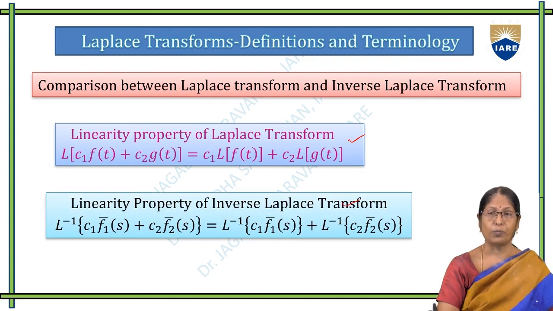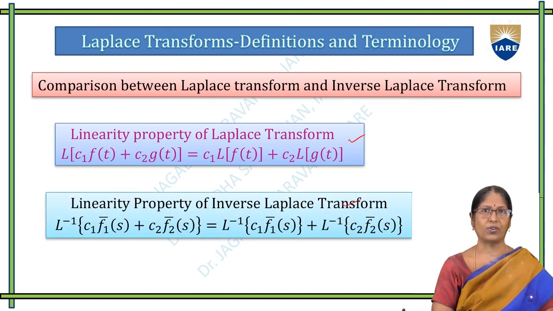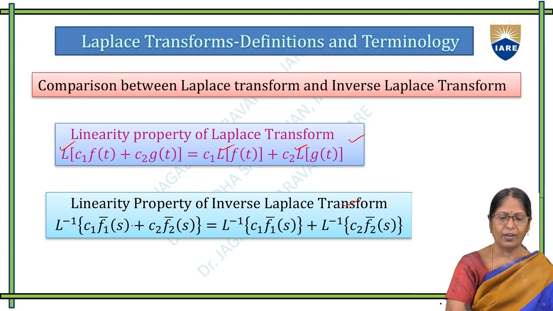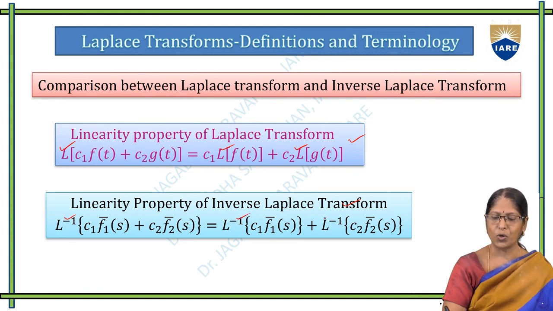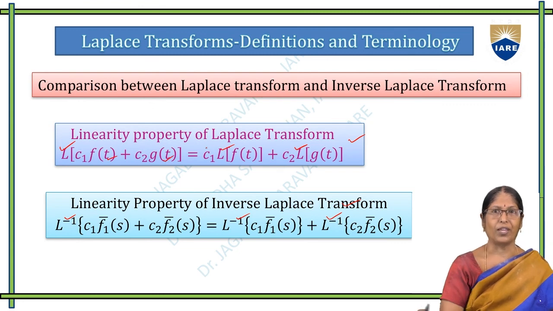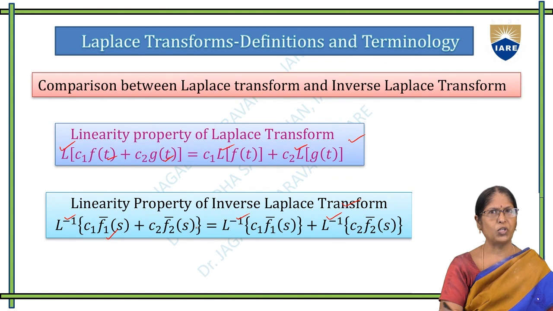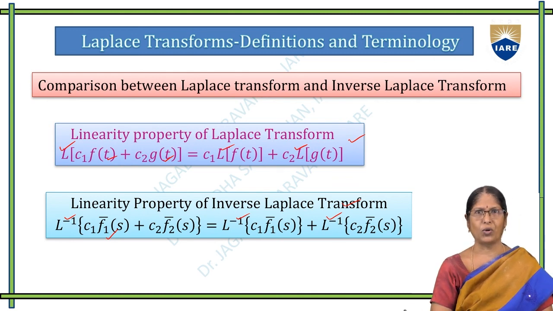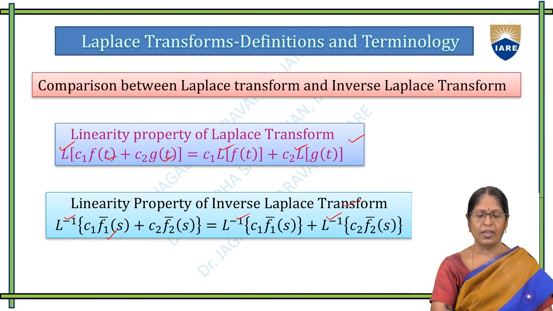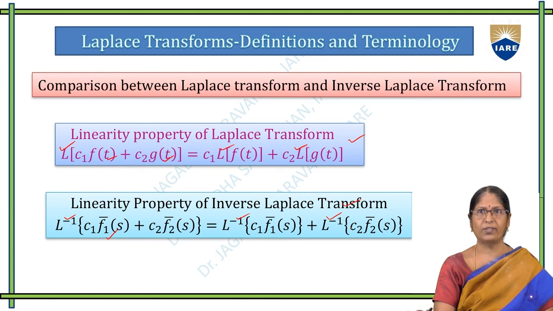This is the linearity property of inverse Laplace transform. Simple way: here the L operator is there, here the L inverse operator is there. F of t, g of t, whereas here f bar of s or g bar of s, we can write it, nothing wrong in it. Here specifically it has taken f1 bar of s, f2 bar of s, but the concept is the same.